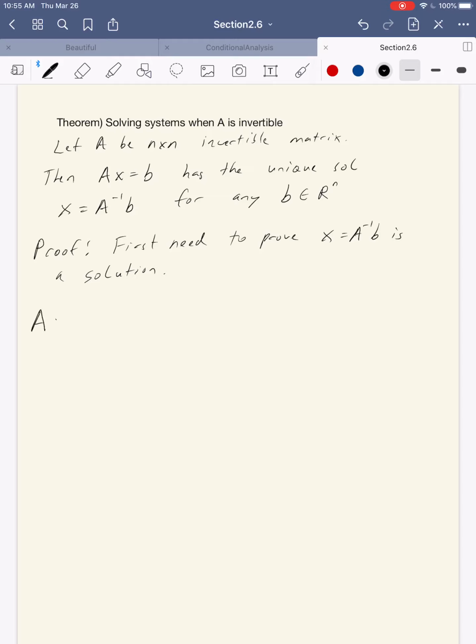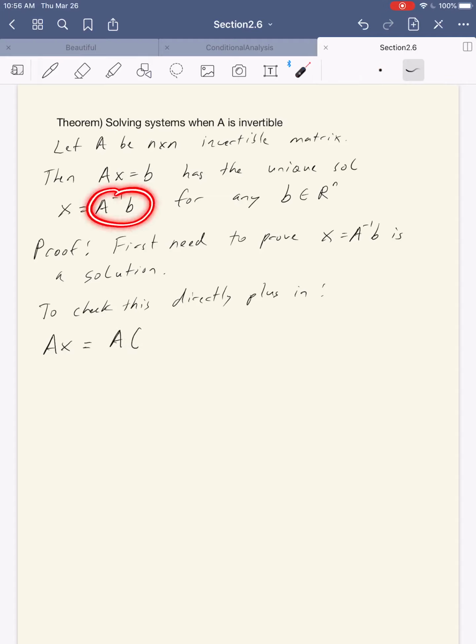Let's go ahead and actually write out what we're doing. To check this, directly plug in. So we have AX, and we will do A and replace X with that A inverse B. So A times A inverse B. Then we know that matrix multiplication is associative, so we can do these multiplications in whatever order we like.